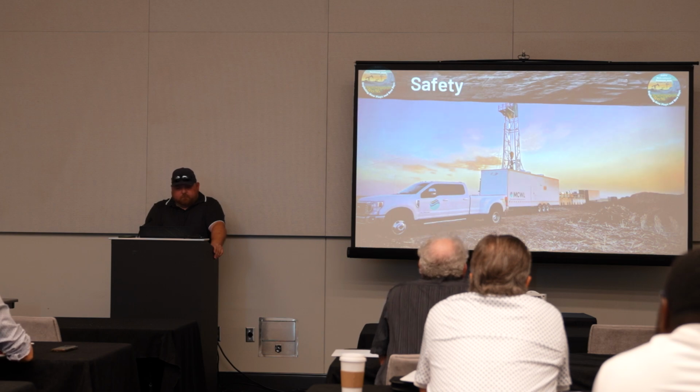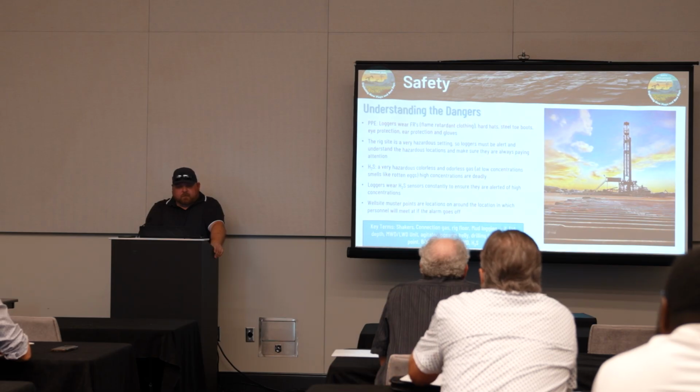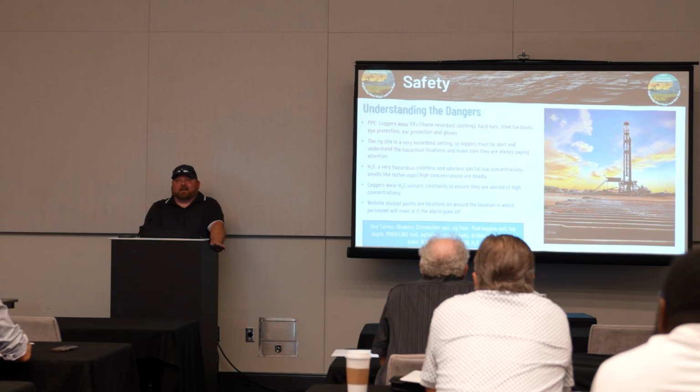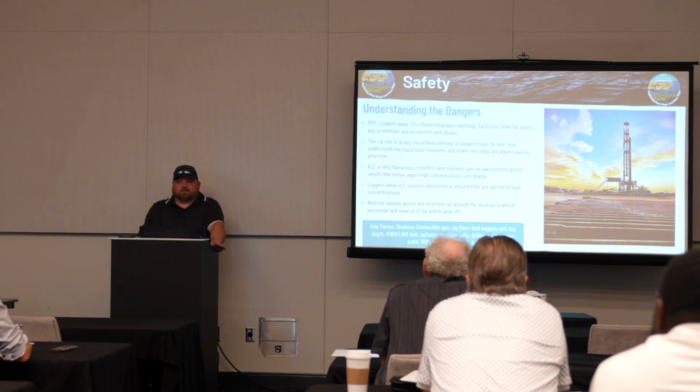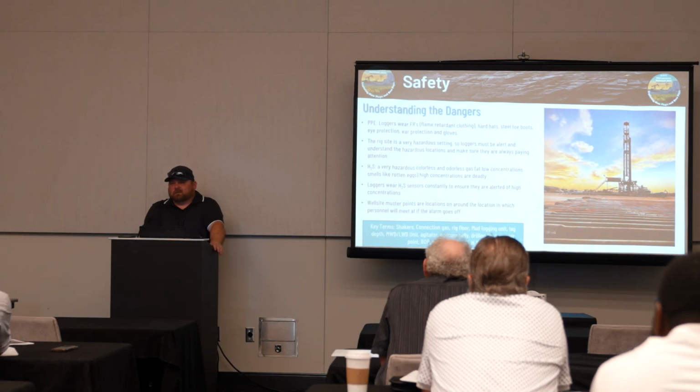On to the most important thing for a mudlogger, which is safety. It's underestimated and understated how many dangers there actually are on a drilling rig location. From a metal splinter or wooden splinter all the way to tools falling from the crown.